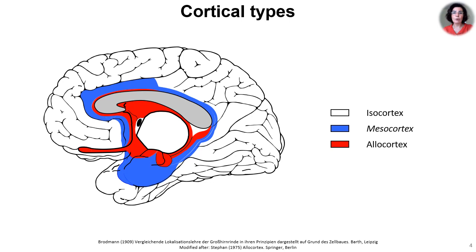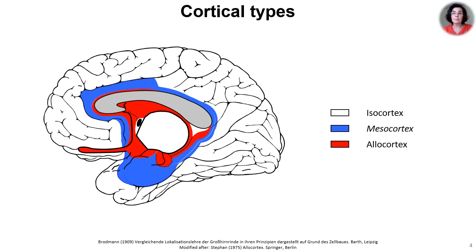This schematic drawing of the mesial aspect of a human hemisphere visualizes the ratio between isocortex to, let's call it for now, non-isocortical cerebral surface, where the mesocortex was identified by Brodmann as the portion of the cerebral cortex occupied by areas which present what he considered a transitional laminar pattern between allocortex and isocortex.